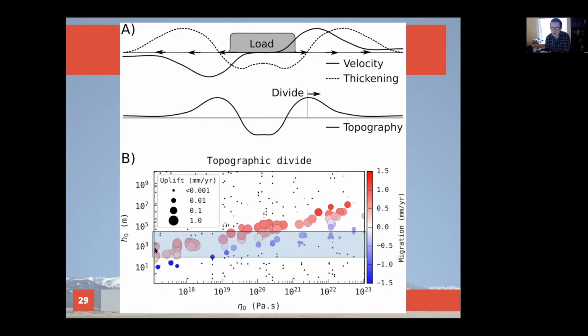In this case, if you look at ranges that are actually appropriate for the lower crust, there are probably about half of the cases within this model space where you actually do have significant amounts of uplift and significant rates of migration. So these are cases where you have this divide both uplifting and migrating at the same time.